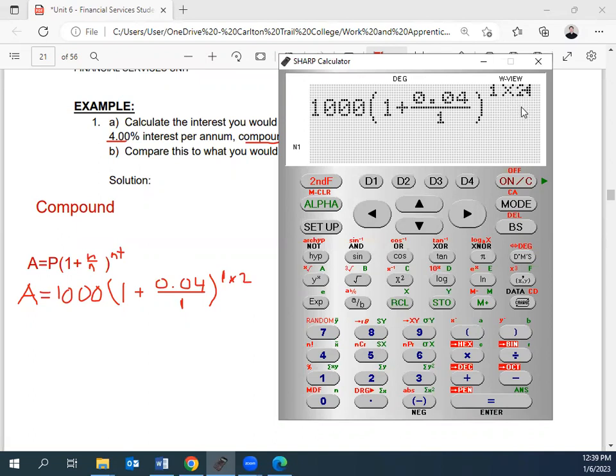So does everyone have that in their calculator? If you press equals, you should get an answer of $1,081.60.